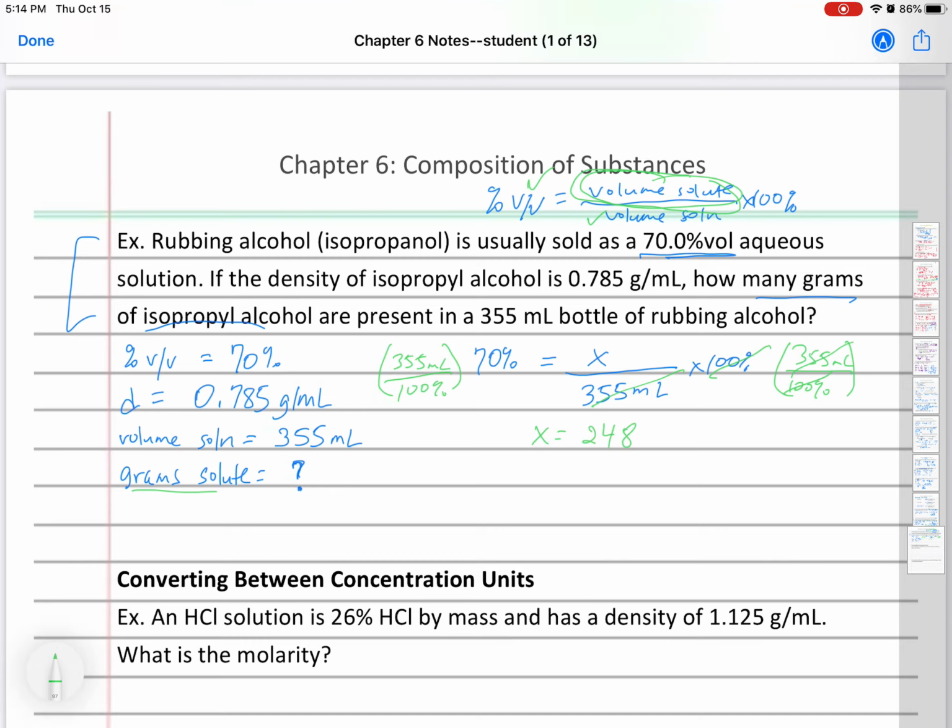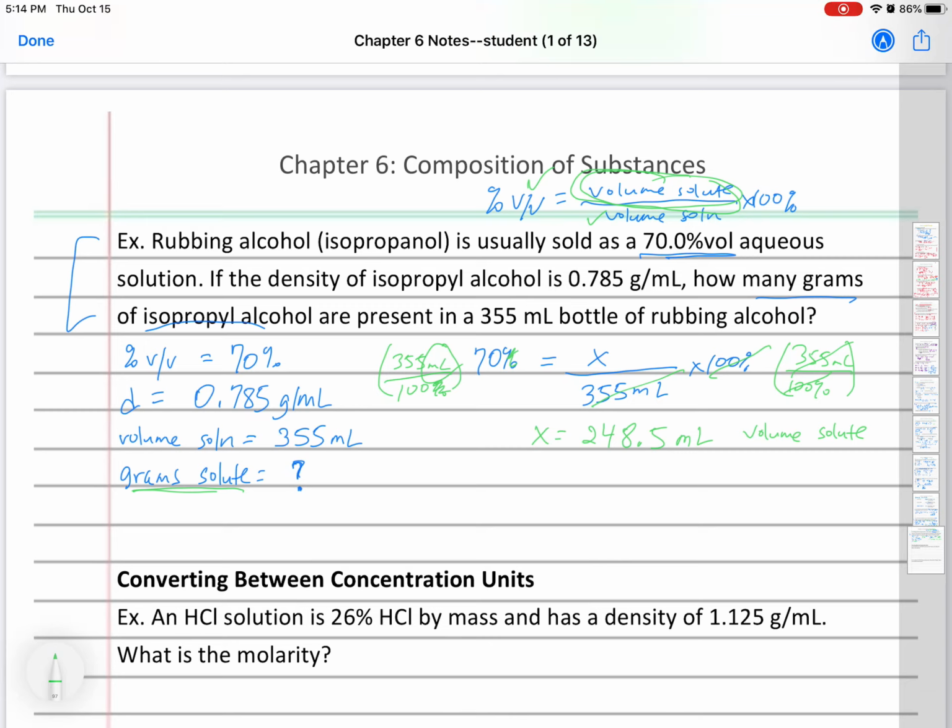So x is 248.5 milliliters. My percents cancel out, and I'm solving for that volume. So this is the volume of the solute, which is the isopropyl alcohol.